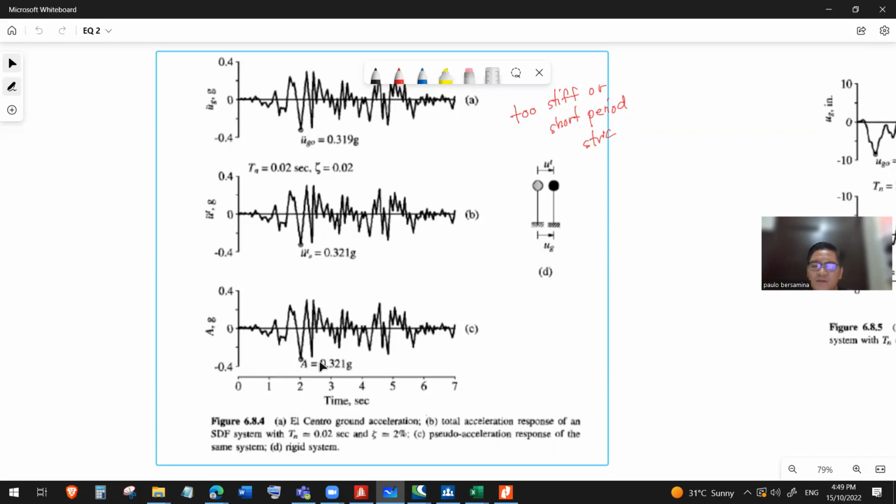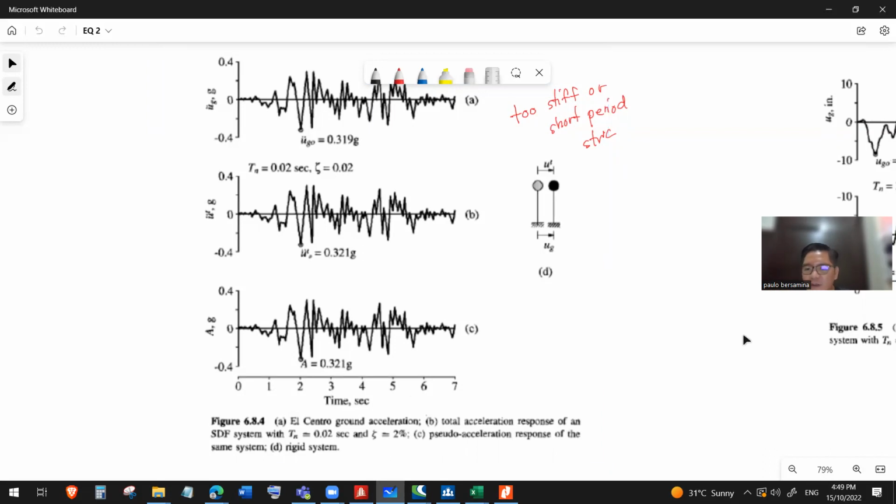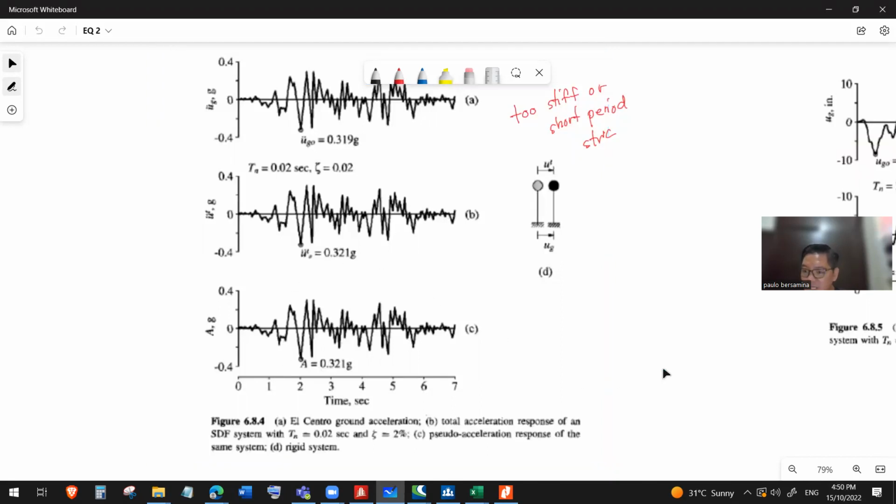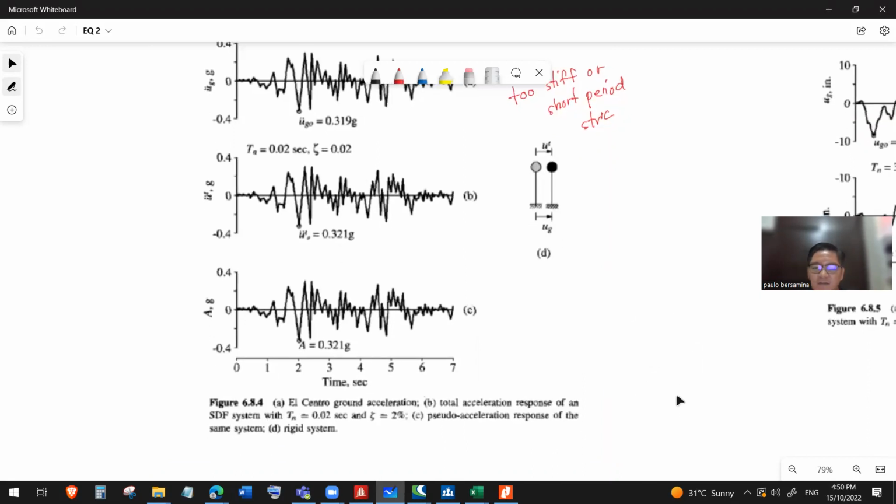So kung yung stiffness natin is really constant, no, the whole duration of the earthquake, then the spectral acceleration that we solve will be the same, no? Dun sa ano natin. Okay.